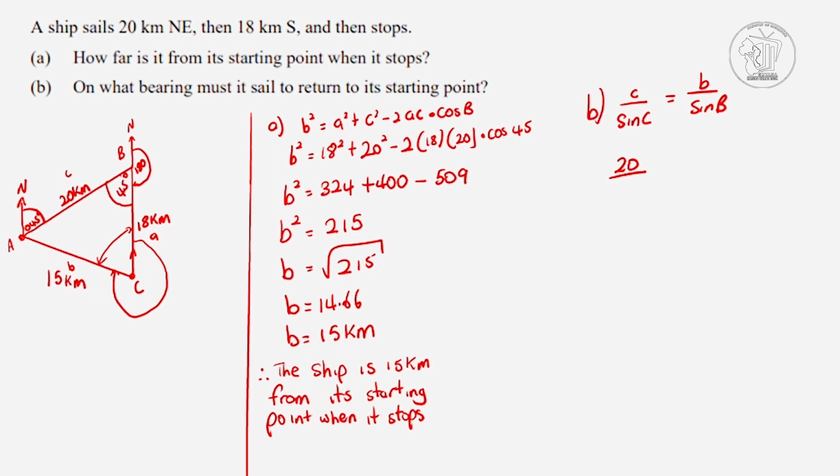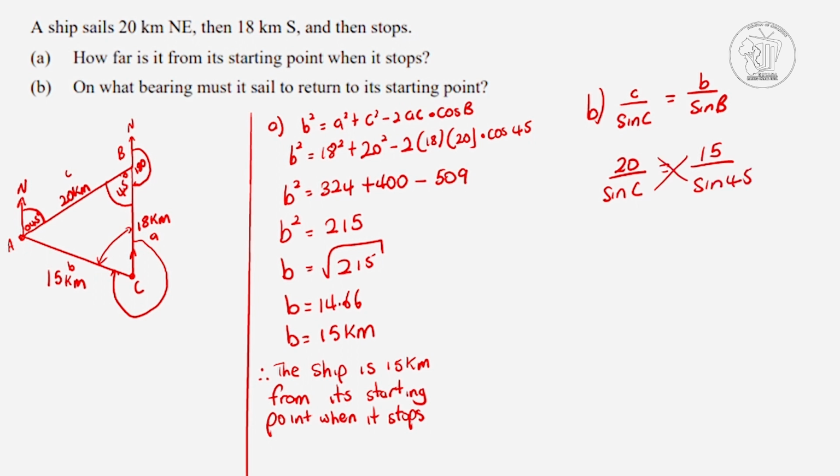Sine C, the thing that we want to find, is equal to 20 over sine C, equal to B, which is 15, over sine B, which is 45.